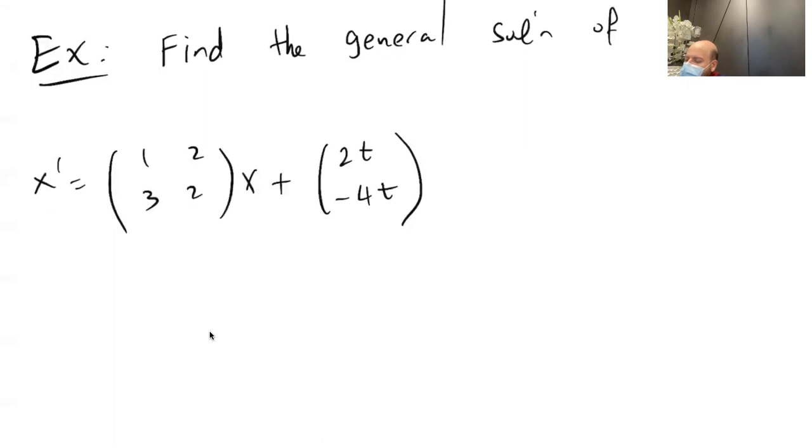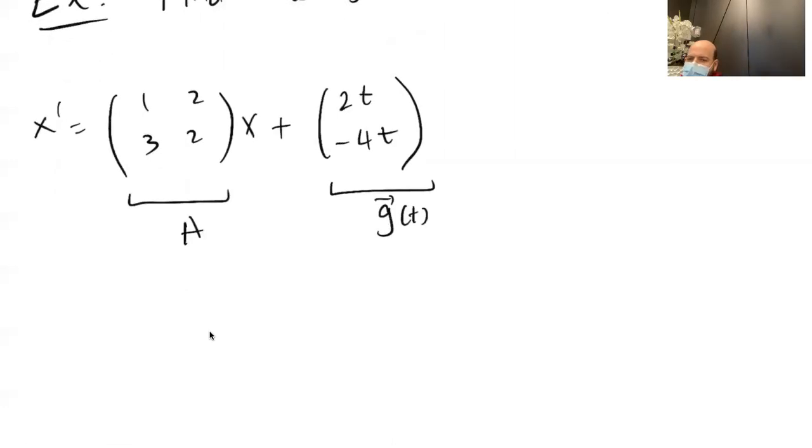So again, we have x prime equals Ax plus g of t. We need to find xc, the solution for the homogeneous equation x prime equals Ax, and xp, a particular solution.